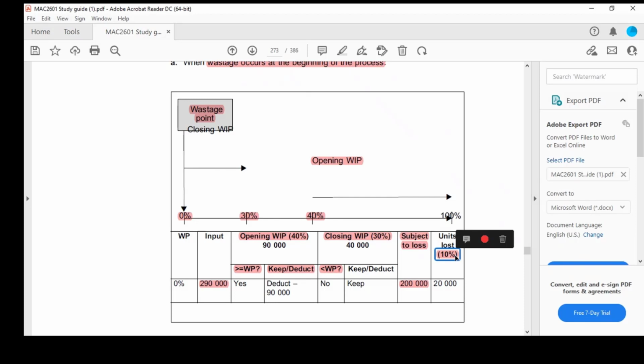Did it happen at the beginning, or was it during, or was it at the end? There's a percentage attached to where. After you've determined that it's at the beginning when they're grounding these coffee beans, there's spillage, meaning there are certain granules falling on the floor. It's happening at 0%.